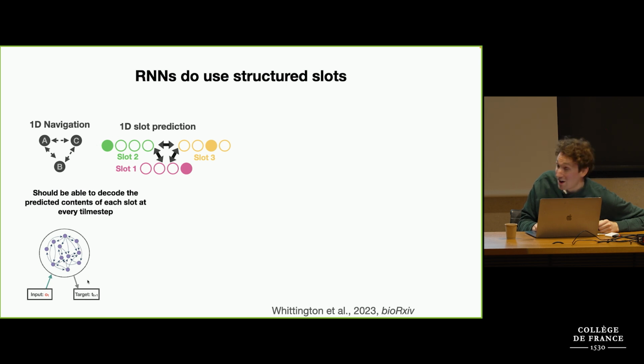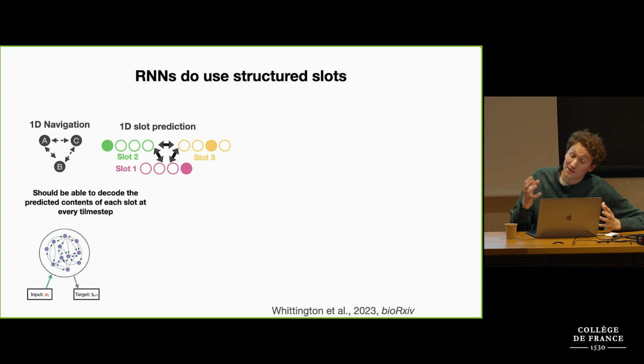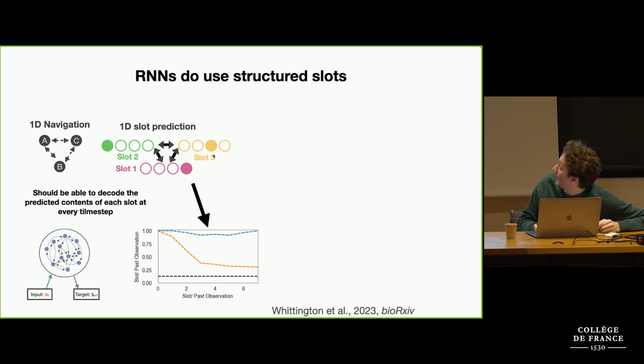We train a totally randomly initialized neural network, and then this slot model makes a very particular prediction of what we should be able to decode from each slot at any time step, in any situation, in any task. So we can just decode that prediction from the trained neural network.